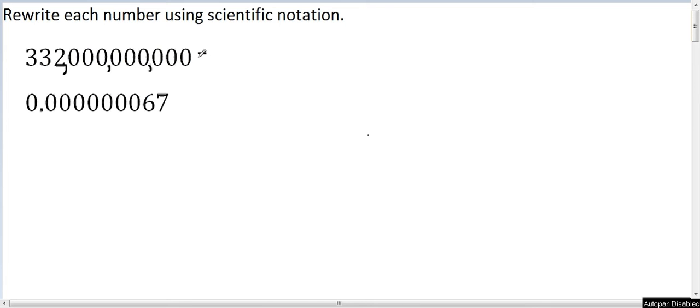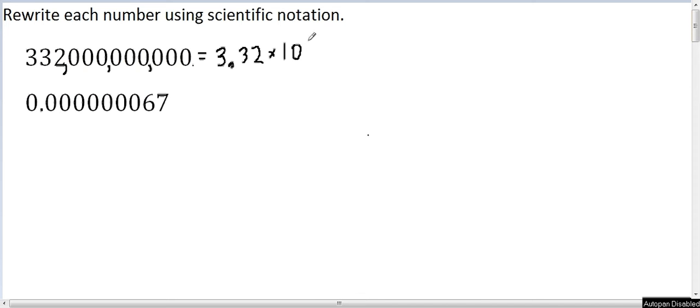So if we want to use scientific notation to rewrite this number, we move the decimal point from here all the way to the location right after the first non-zero digit. The first non-zero digit is this 3 here. So we write the decimal point after the first 3, and we get 3.32 multiplied by 10.